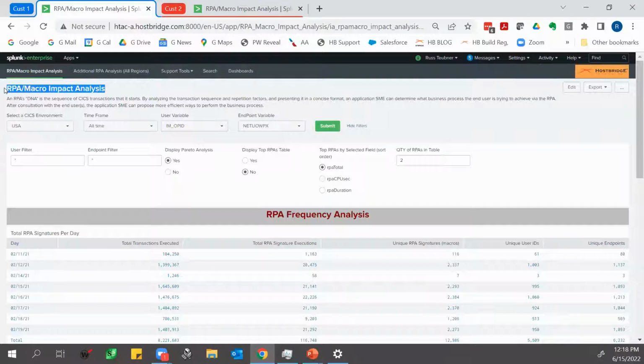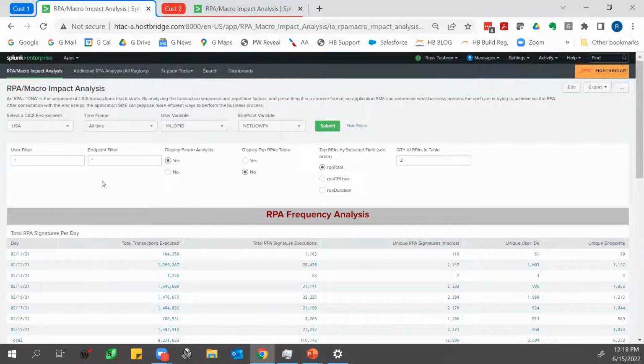So in this dashboard, we're going to focus on these macros that are driving lots of terminal-oriented or screen-oriented transactions. Now, your mileage may vary compared to these two customers, but based upon the data we've seen from a growing set of customers, I can almost promise you that most organizations have problems like this to some degree.